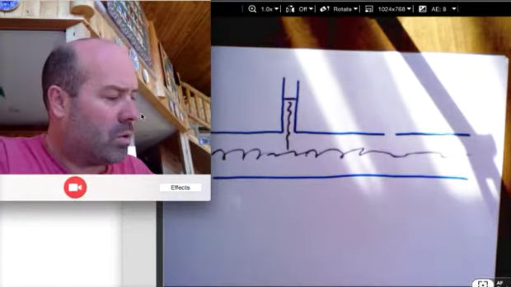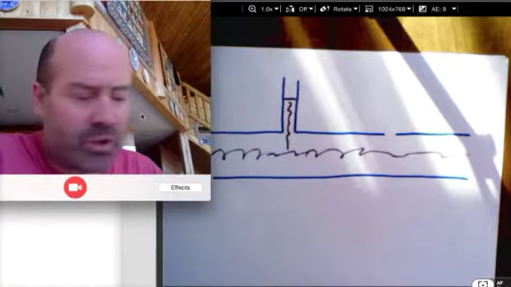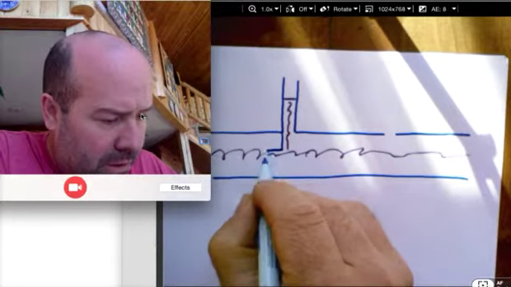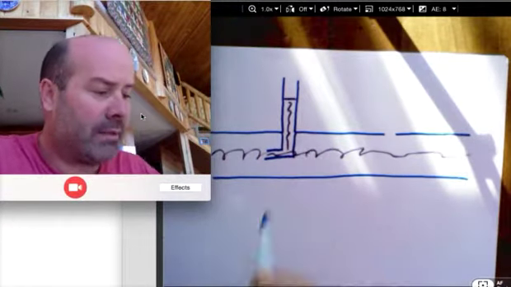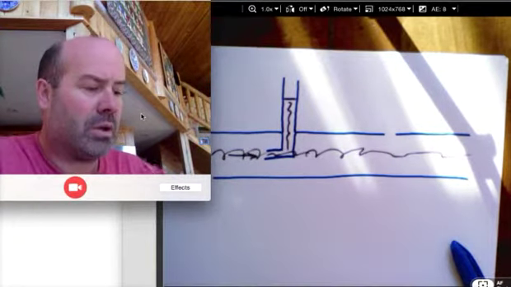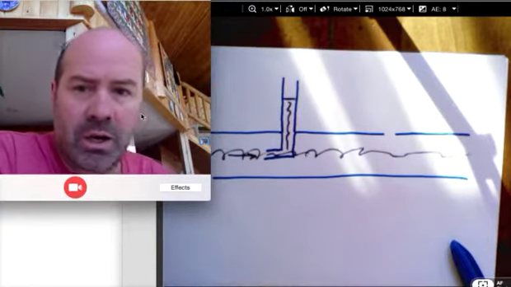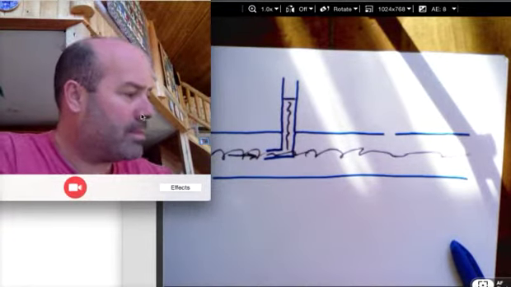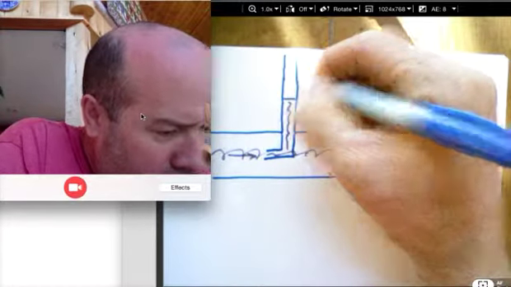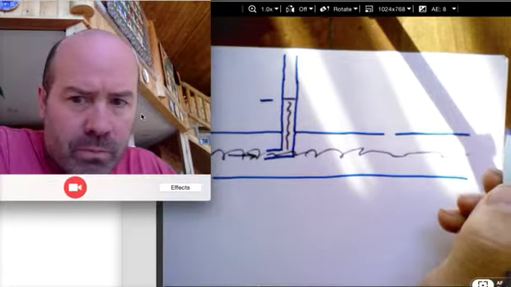But what if, and that would be due to the omnidirectional pressure head, what if I took my pipe and turned it that way so that the full-on velocity of the water is also pushing on? What do you think would happen? Do you think that this level would go up? It would.